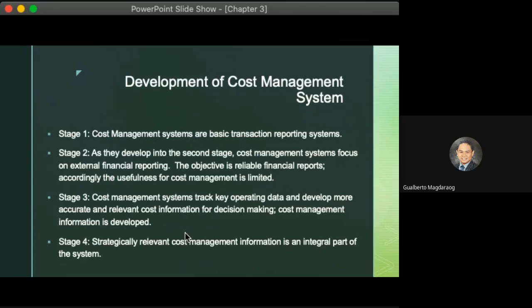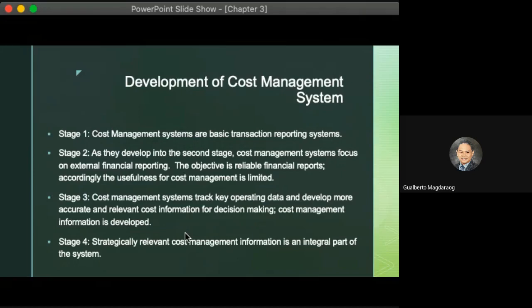So normally, sa umpisa pa lang ng negosyo ay more on accounting system lang just to generate financial reports para makapag-comply.